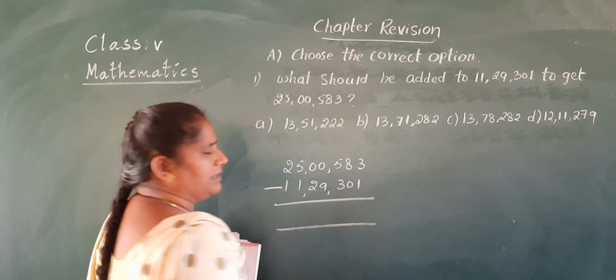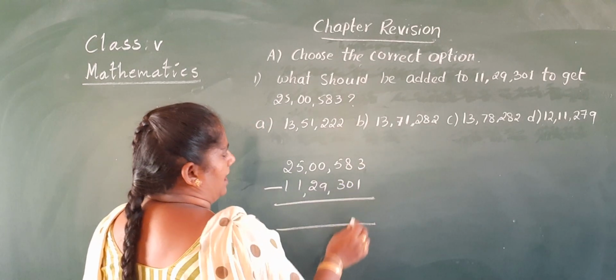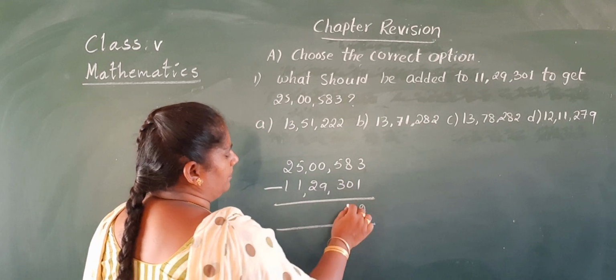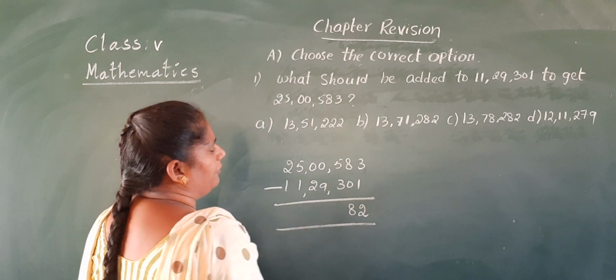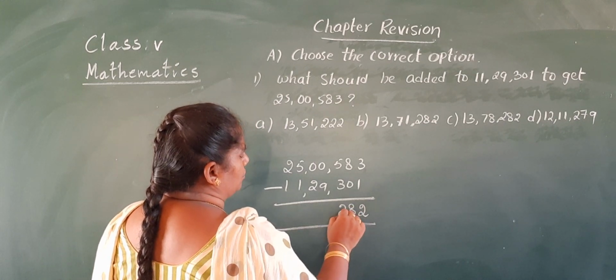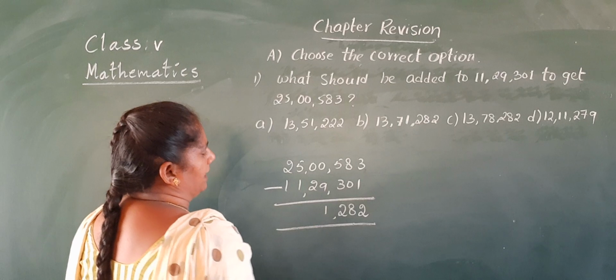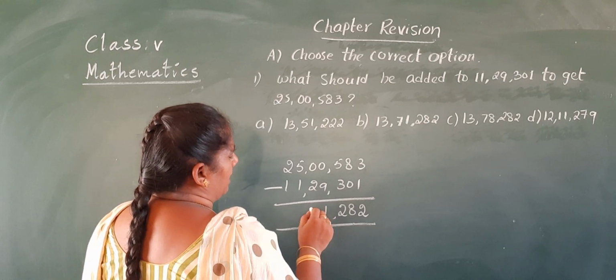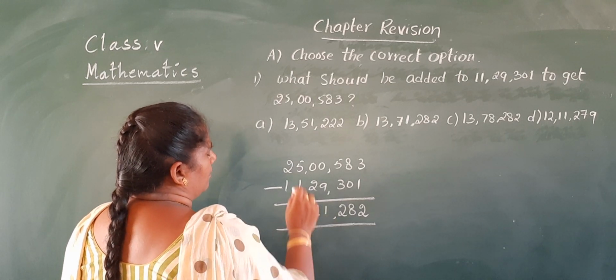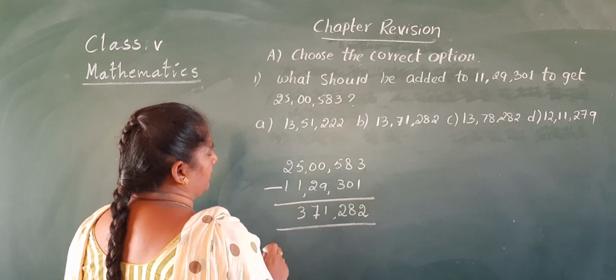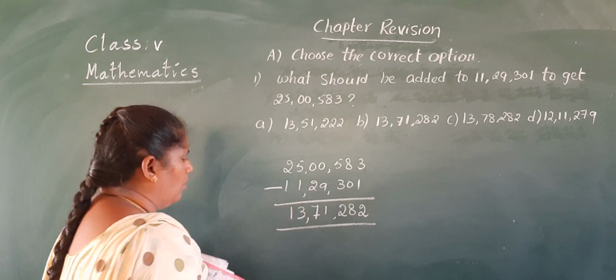This one we will do in the rough book. Then we get the answer: 3 minus 1, 2; 8, 5 minus 3, 2; 10 minus 9, 1; 9 minus 2, 7; 4 minus 1, 3; 2 minus 1, 1.